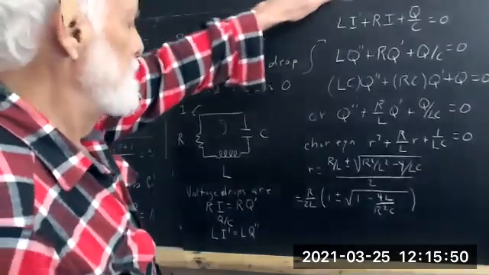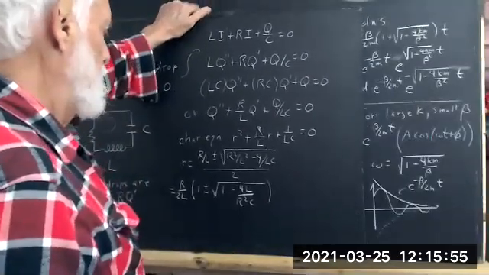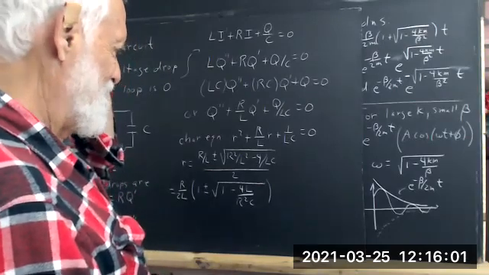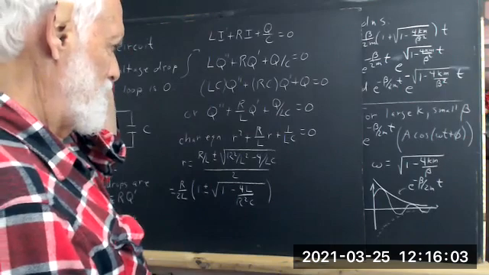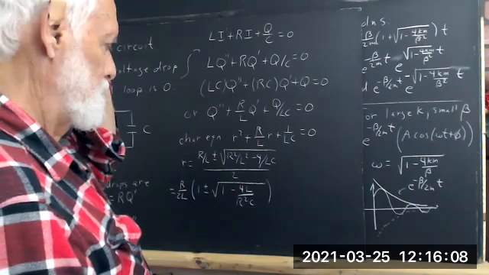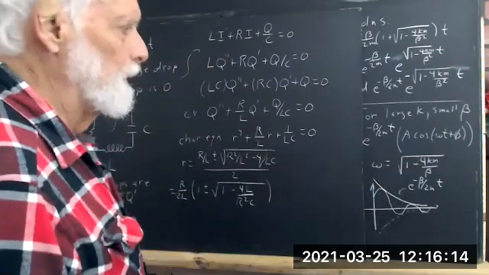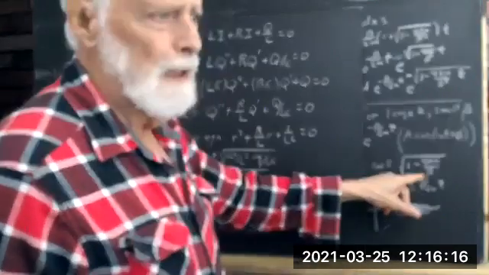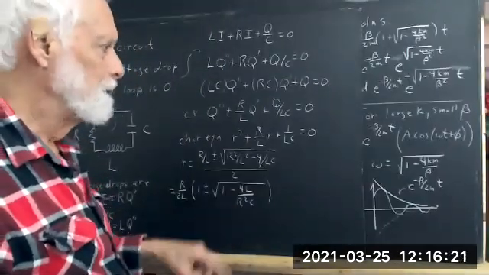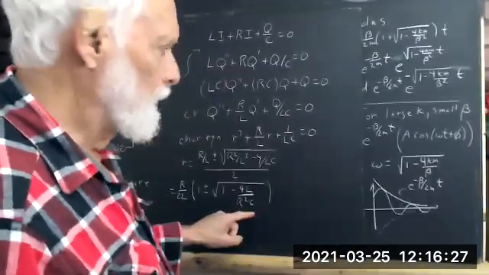If we look back here, it's a little harder to make the analogy here, but beta is like drag. Resistance is analogous to drag. Okay, your mass is like your reciprocal capacitance.